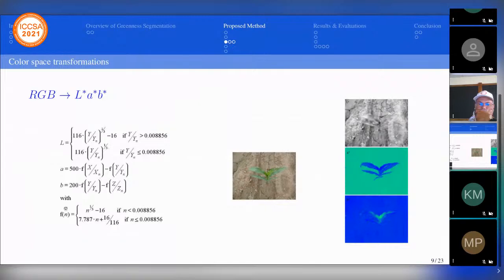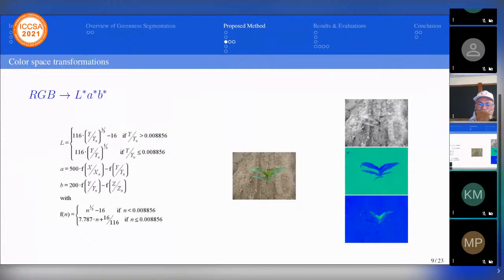Here we get the luminance information. A and B contain the chroma information. We have used the A channel because it has a great ability to separate the green from the red one. Thereby, a good contrast between soil and plants is obtained.